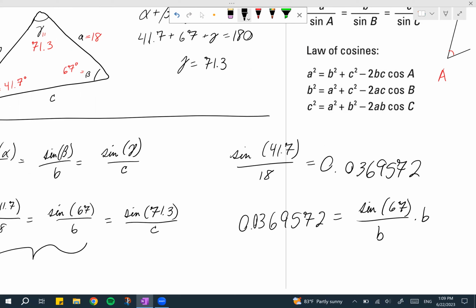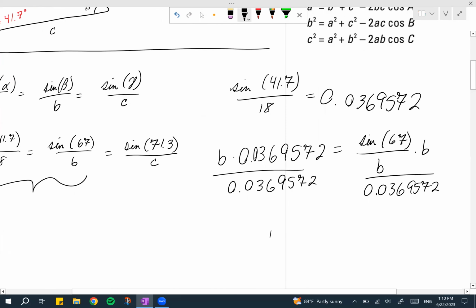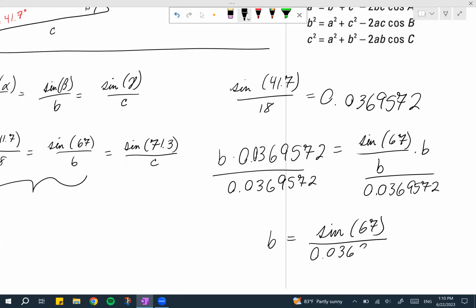I'm going to multiply by B on both sides and divide by this long decimal, which I have stored in my calculator off to the side. I'm going to get B is equal to sine of 67 divided by this decimal, 0.0369572.